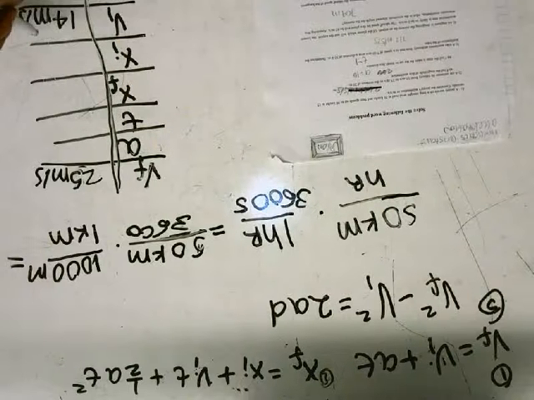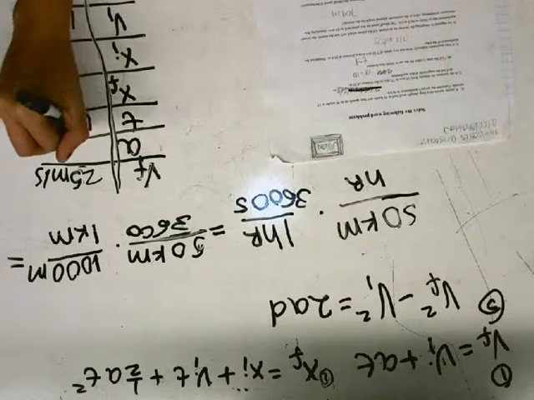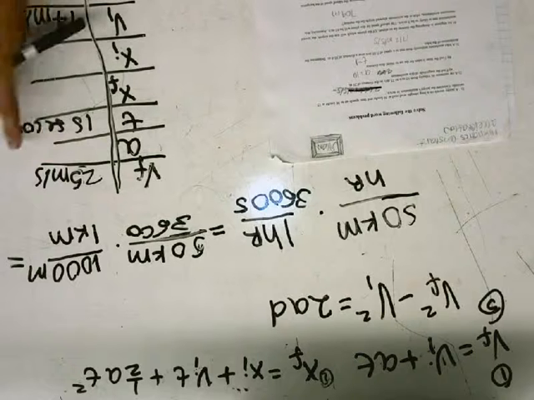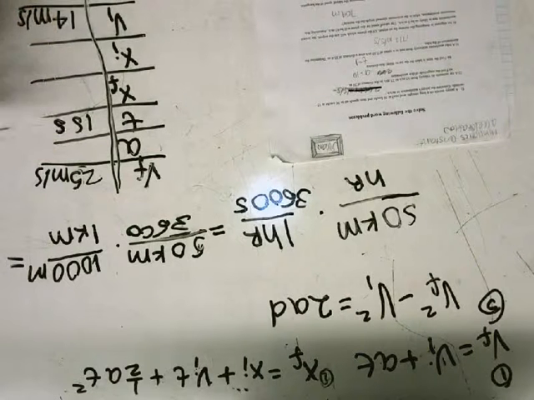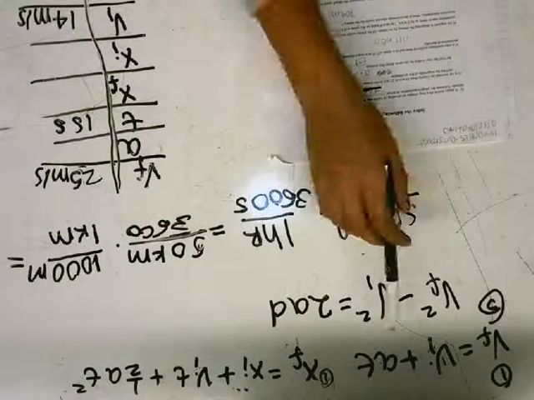We don't really need to know the positions, because we can use one of our key equations with the information we already have. So we have VF, we have VI, we have time, and we're trying to find acceleration. So I'm going to use this first key equation to solve this problem. It's pretty simple.